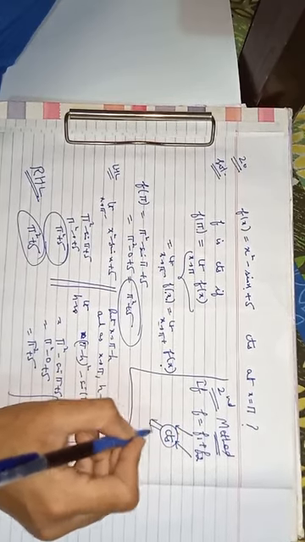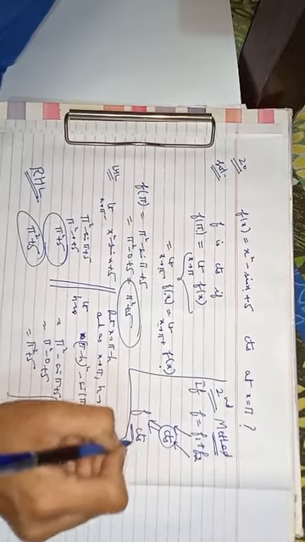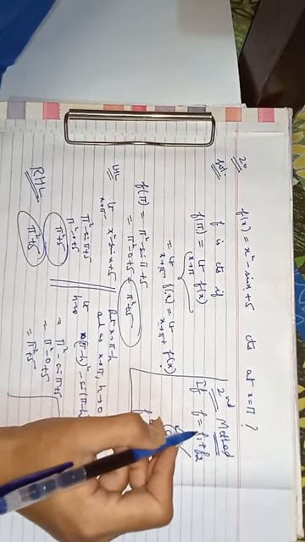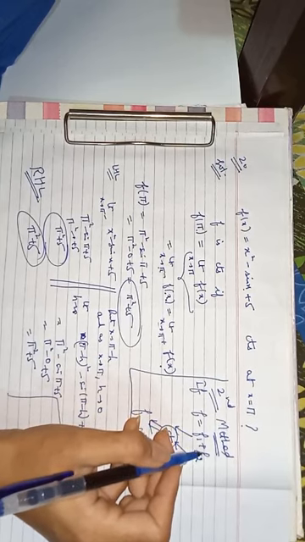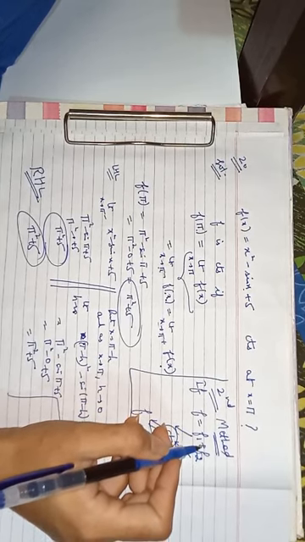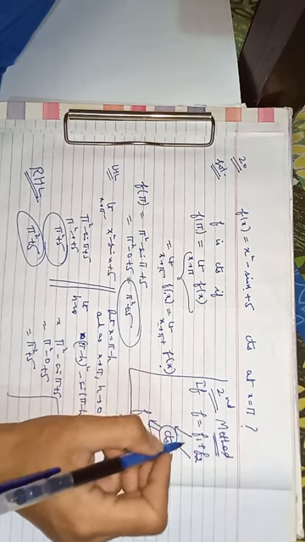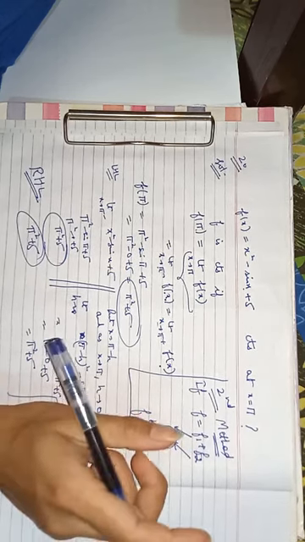This implies f is continuous, right? Similarly for the case of subtraction, for the case of multiplication, and for the case of division. But for division, you must check that f2 should not be equal to 0 because the denominator should not be equal to 0.